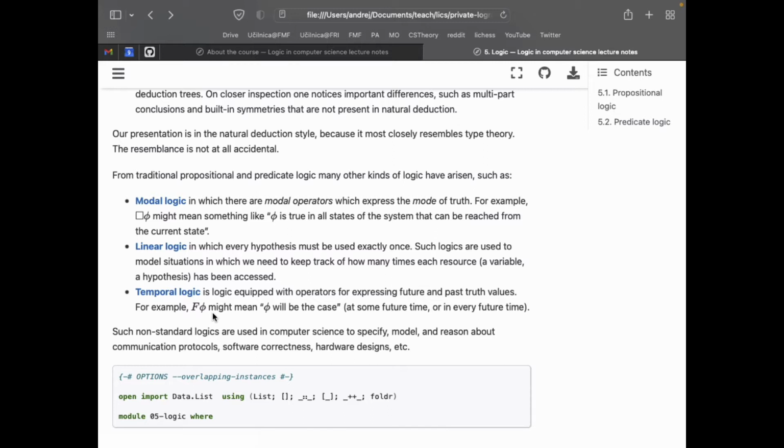And these are not things that you can easily do in just ordinary logic. I mean, you can probably encode them, but it's really cumbersome and unnecessary, and it's a bad idea to do so. It's better to just use a custom logic that solves your problem directly, if you can.